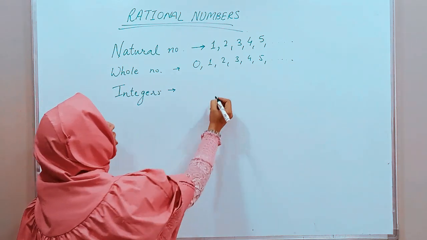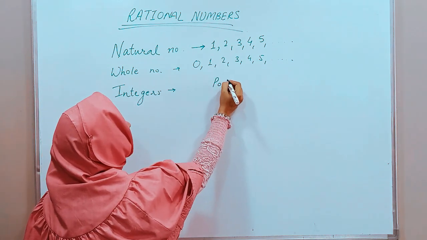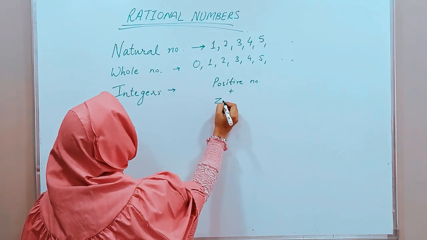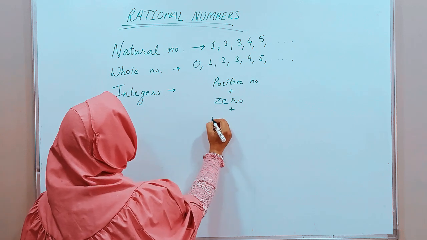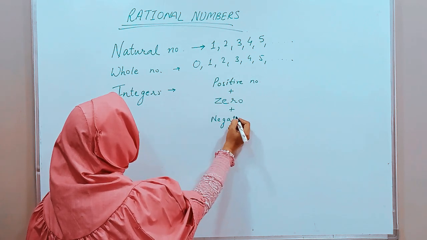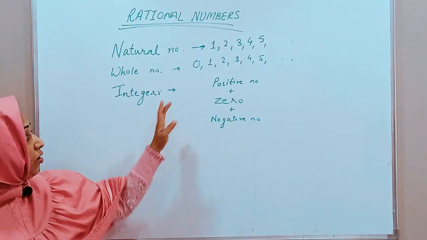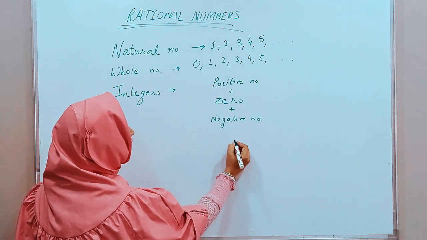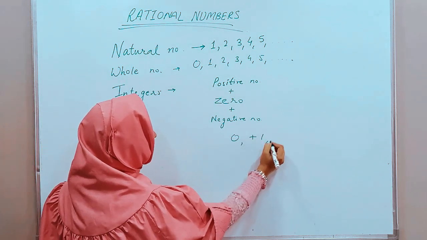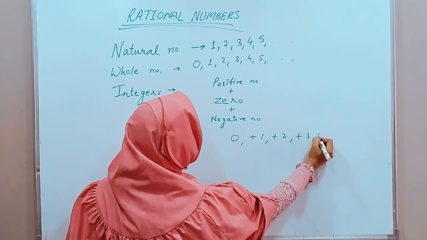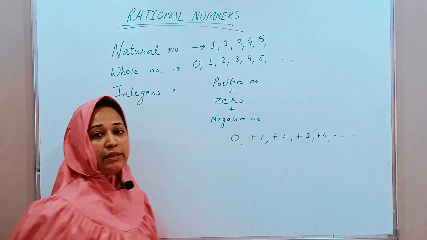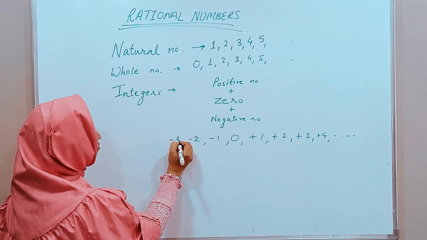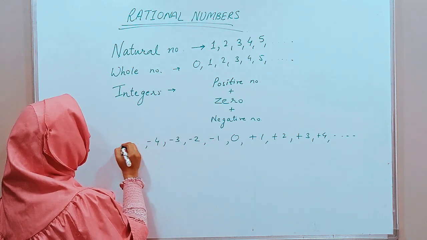So, when we talk about integers, it is positive numbers plus a 0 plus negative numbers. All these together make integers. It means we have a 0, plus 1, plus 2, plus 3, plus 4 till infinity, and on the other side we can say minus 1, minus 2, minus 3, minus 4 and so on.